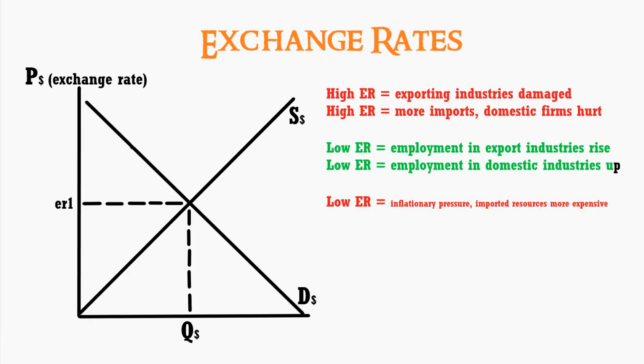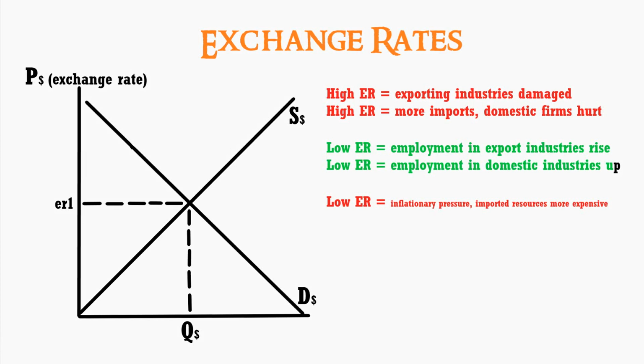So there are reasons that a higher or lower exchange rate could be negative for the country. For example, we've already mentioned that when exchange rates appreciate, when they go up, net exports fall, meaning exports fall, and since the value of the currency is relatively higher, they can afford to import more, so imports will rise.